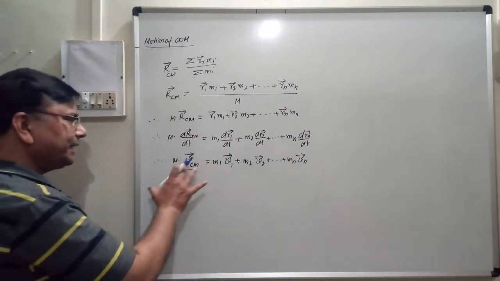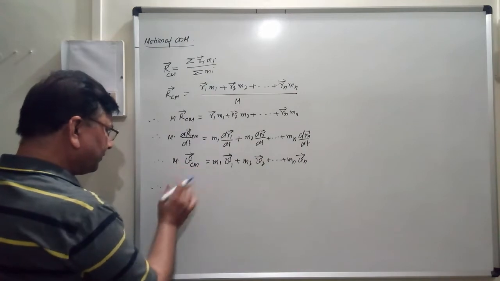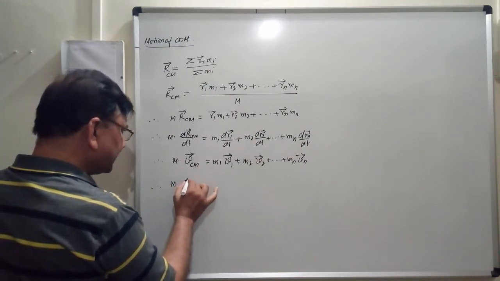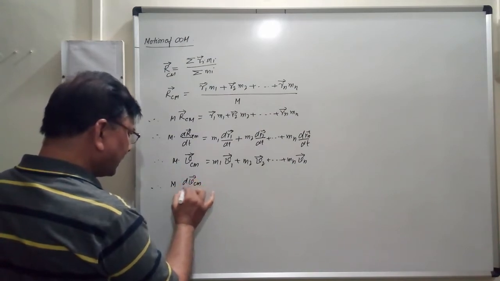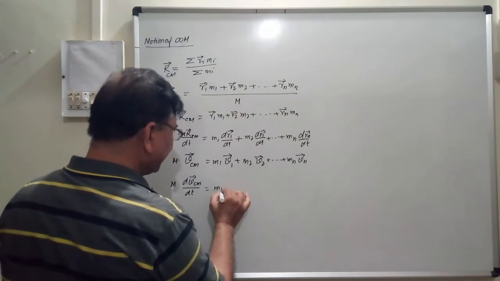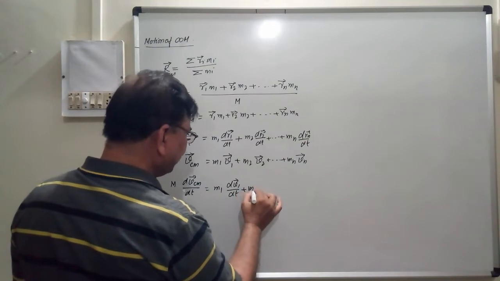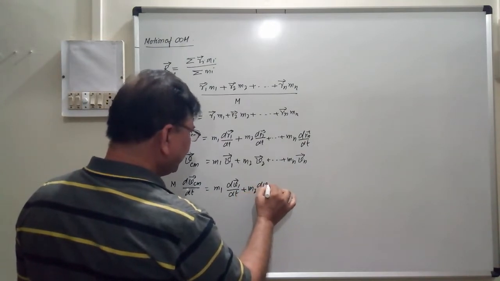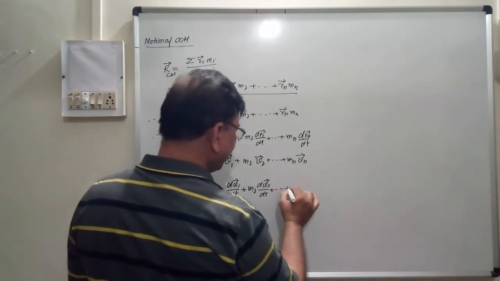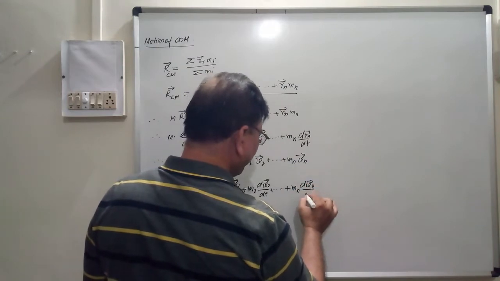If it is differentiated further, if it is being differentiated once again, what will we get? Total mass, mass of the system of particles, M dVcm upon dt, differentiation with respect to time, that is we will get M1 dV1 upon dt plus M2 dV2 upon dt. Likewise, if there are n particles, Mn dVn upon dt.